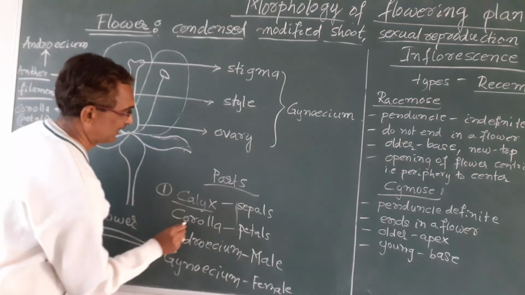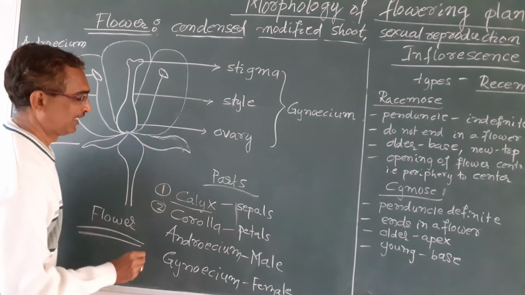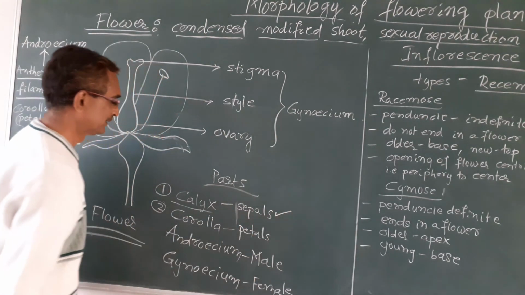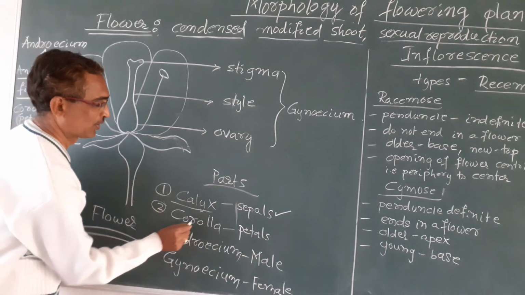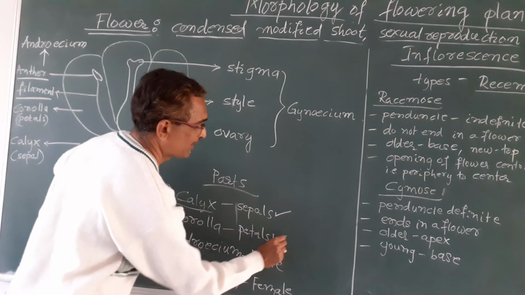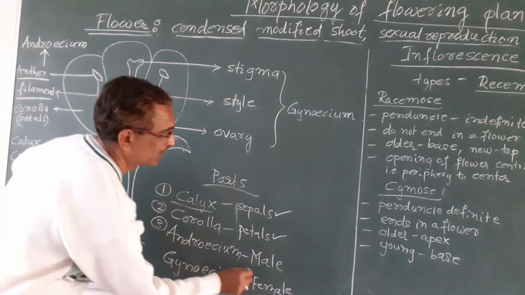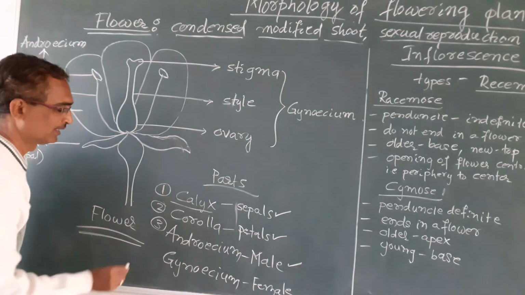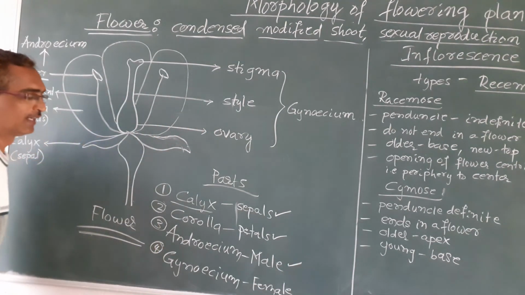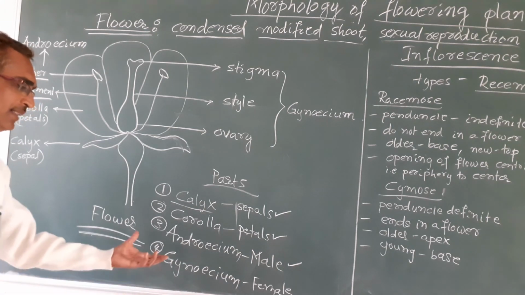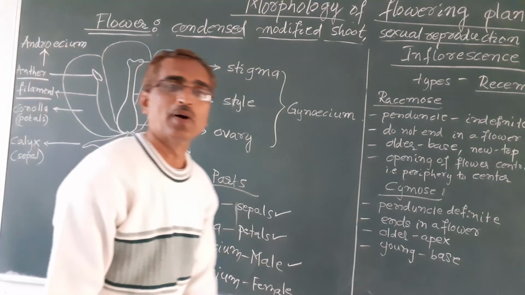The first one is the calyx, and its members are called sepals. The second part is the corolla, and its members are called petals. The third one is the androecium, that is the male reproductive part, and the fourth one is the gynoecium, that is the female reproductive part.